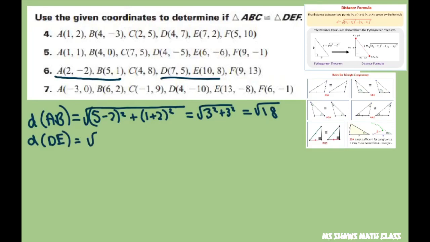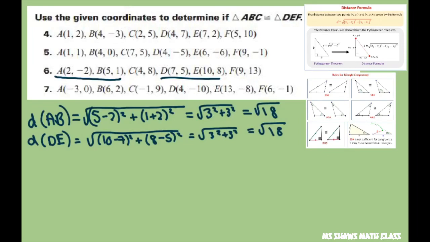And we get the square root of, let's see, 10 minus 7 plus 8 minus 5. And that gives you 3 squared plus 3 squared, which is the same as the square root of 18.